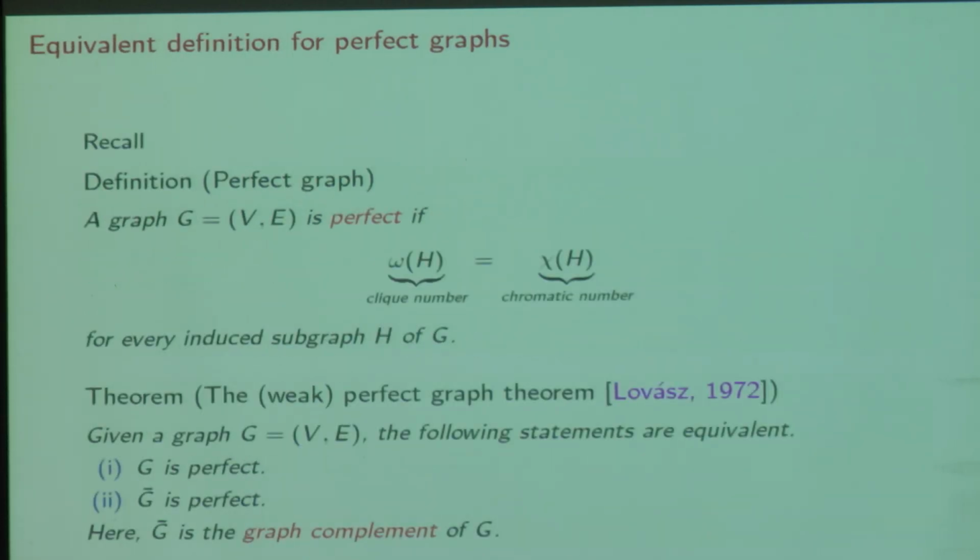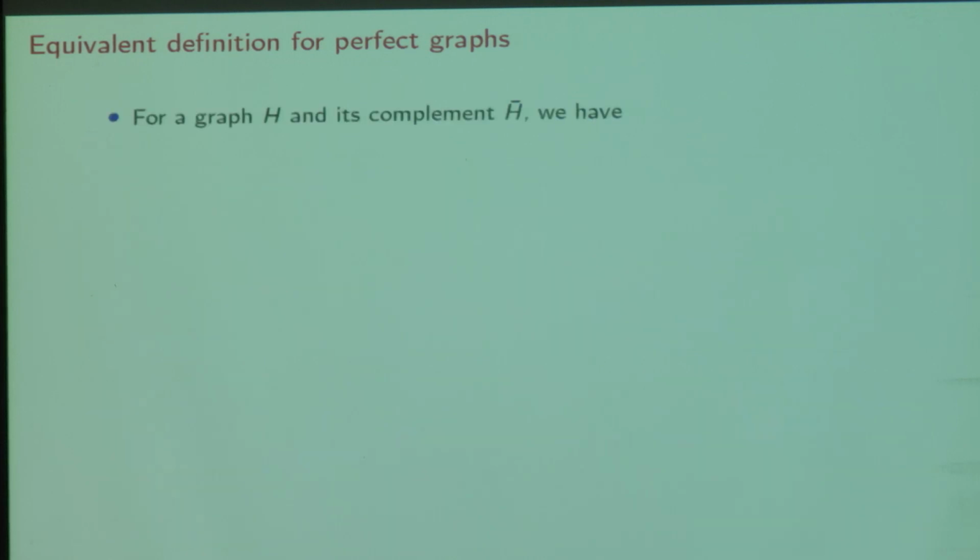Anyways, using this replication lemma, Lovász was able to prove this theorem. There's still some non-trivial component going on, but let me not talk about that here. What I want to emphasize today is the following. I have a graph and its complement.